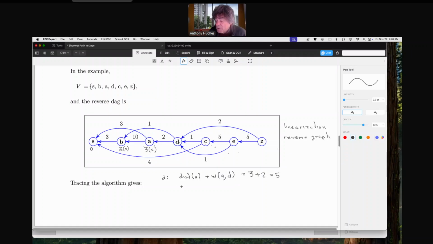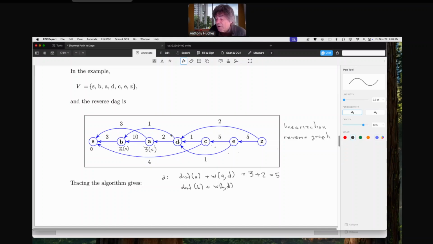And we can also do the distance to B plus the weight of B to D.